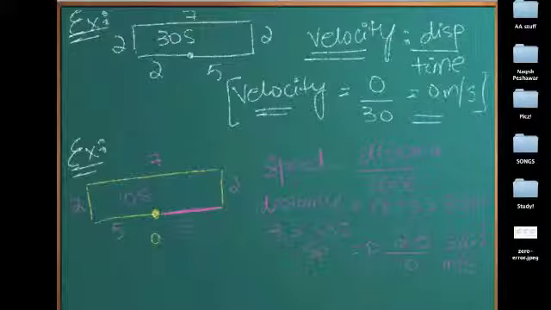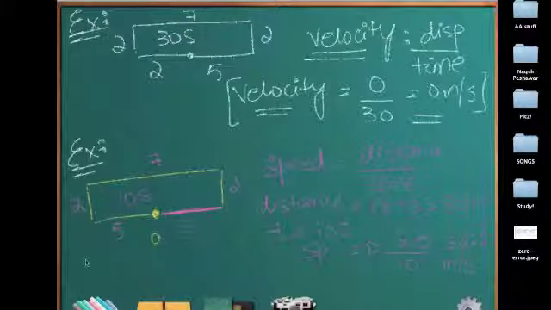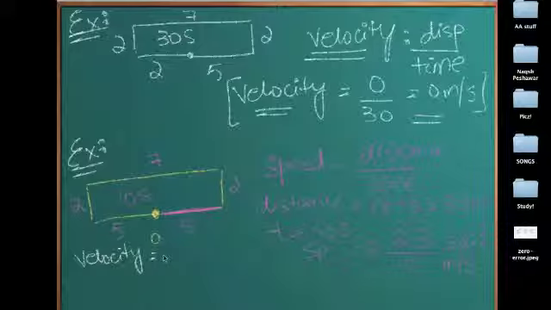However, if I ask you to tell me the velocity of this person, you will first find out the displacement, because the formula says displacement over time. For the displacement, always remember that we look at the final position and the initial position. So from the initial position, the person has run only 5 meters on the right, although he must have been circling around here and there, but we don't care about that.